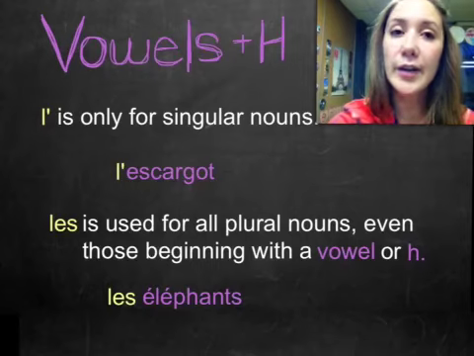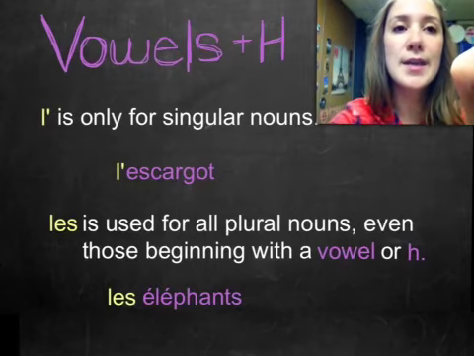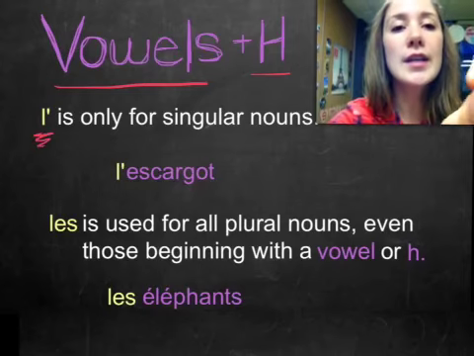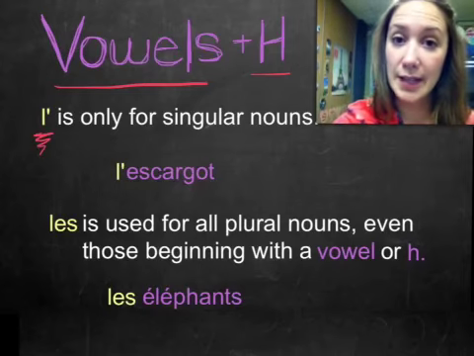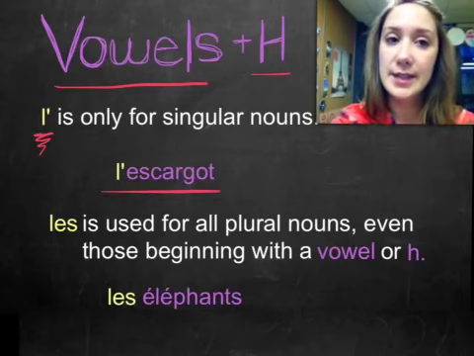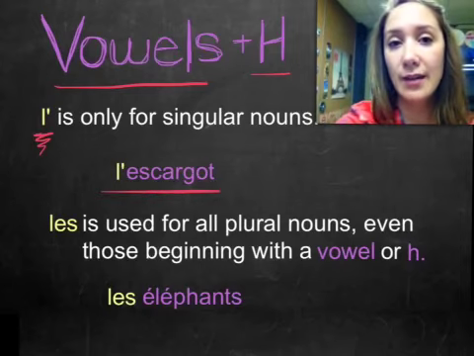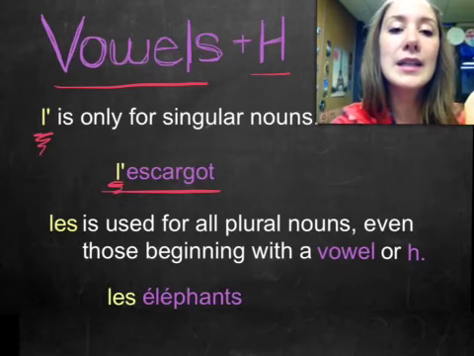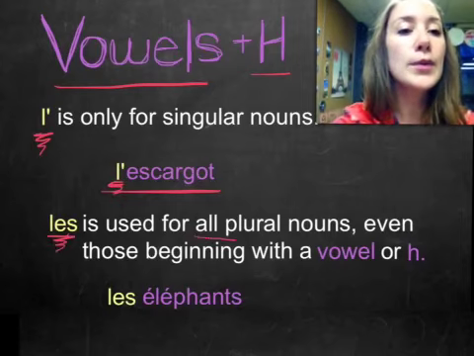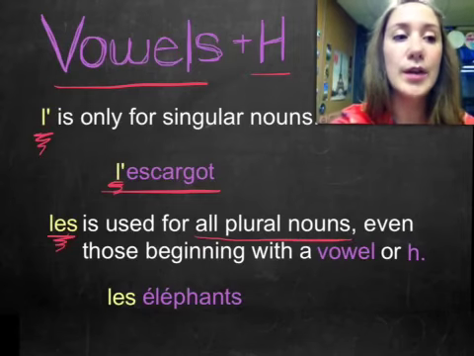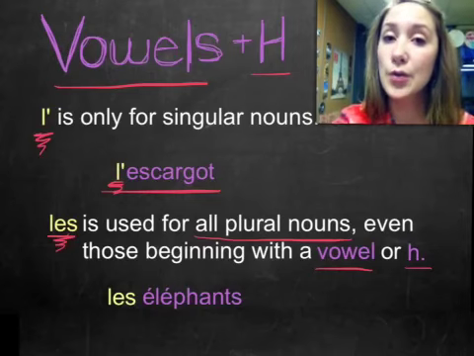Just to be clear, when we have nouns that begin with vowels or H, l'apostrophe is only used if they're singular. So like l'escargot, the snail. There's only one snail, so I use l'apostrophe. But we use les for all plural nouns, even if the noun begins with a vowel or H, and I'll show you why.